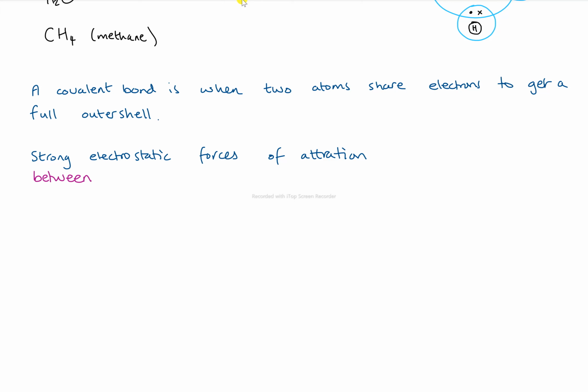So strong electrostatic force of attraction between shared pair of electrons, and so you can say negatively shared pair of electrons, and both positively charged nuclei. Not nucleus, but nucleuses. We don't say nucleuses, we say nuclei. Nuclei.